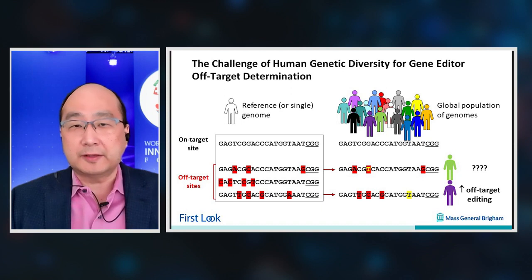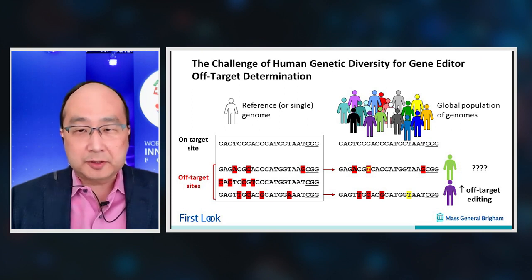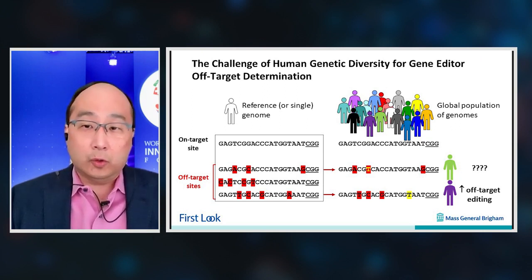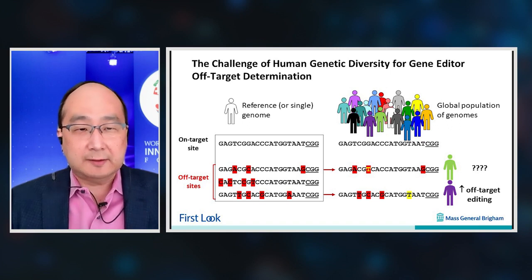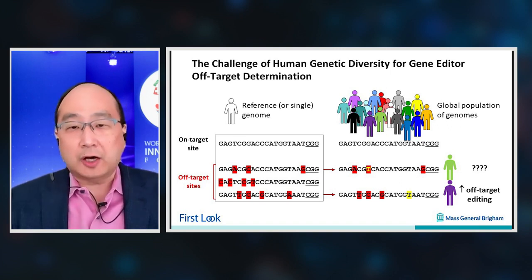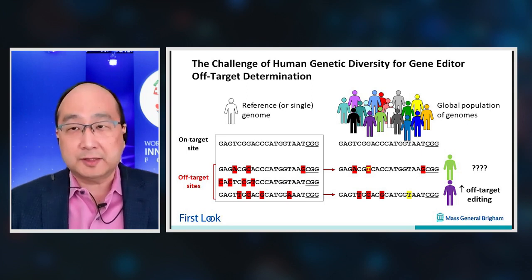Here's the same on-target site, but it's possible that in a particular individual or set of individuals, there's a SNP, or a single nucleotide change, at one of these positions. You can see it's in this off-target site that has 4 mismatches, but this change causes this position to look like the on-target site. So you go from a situation where you have 4 mismatches to only 3 mismatches.